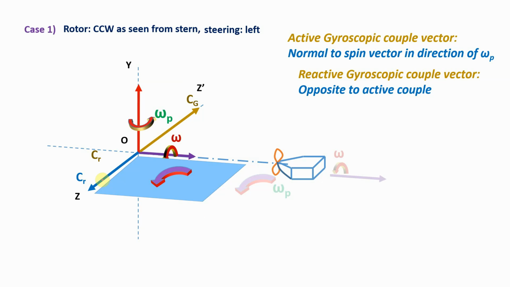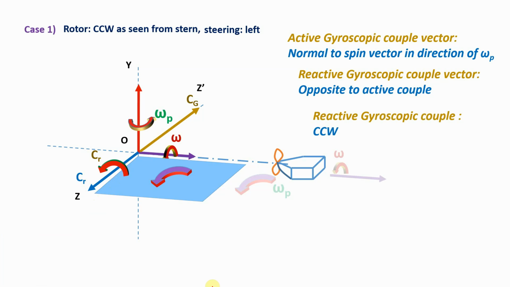We hold the vector representing CR, that is vector OZ, in right hand such that the thumb points in the sense of arrow. Fingers of right hand will turn counterclockwise as seen from the front side. So this is the sense of reactive torque.